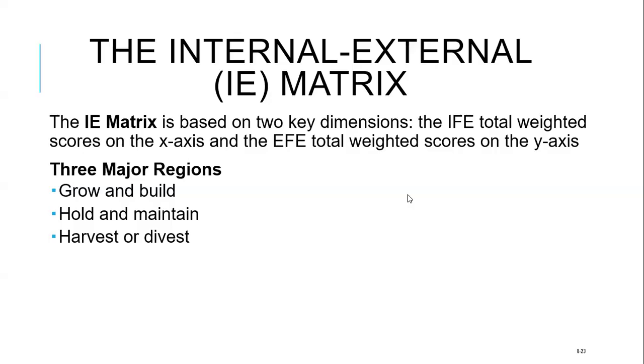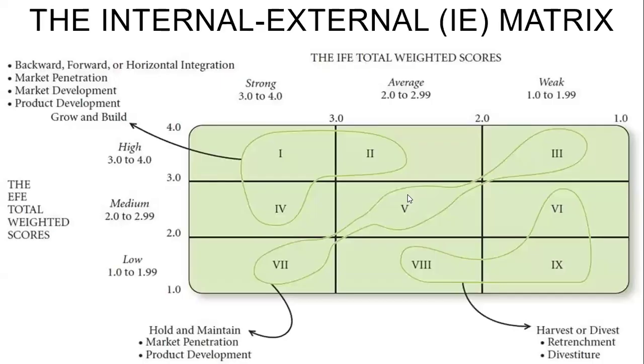Unlike a situation where a business unit is currently leveraging on its average performance in both internal and external dimensions of the environment. That one will mean that they are holding and maintaining. So this is a graphical illustration of the three quadrants that comes with the IE matrix.